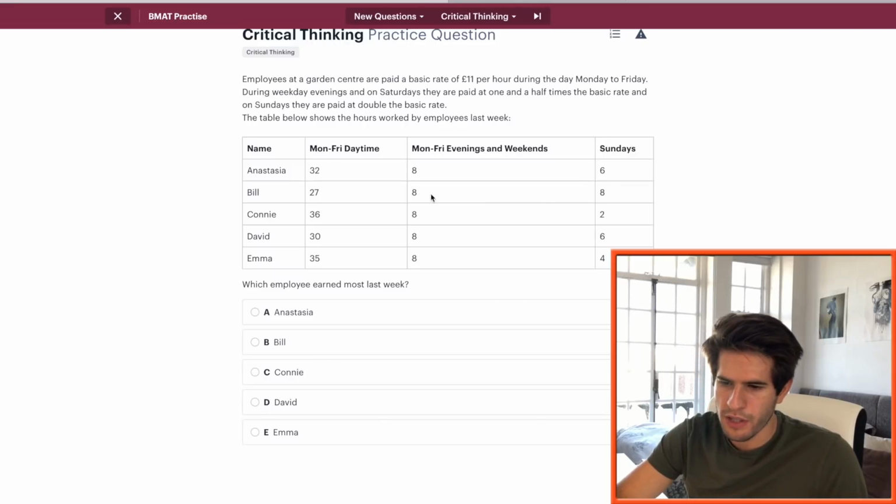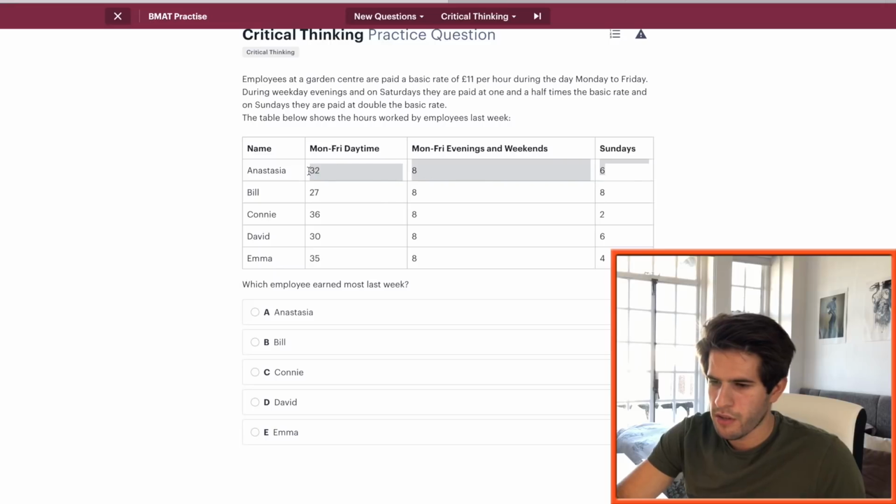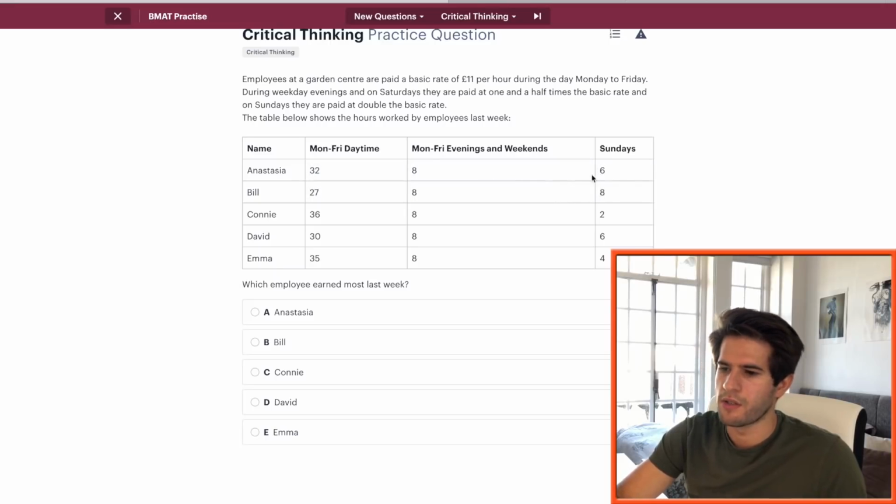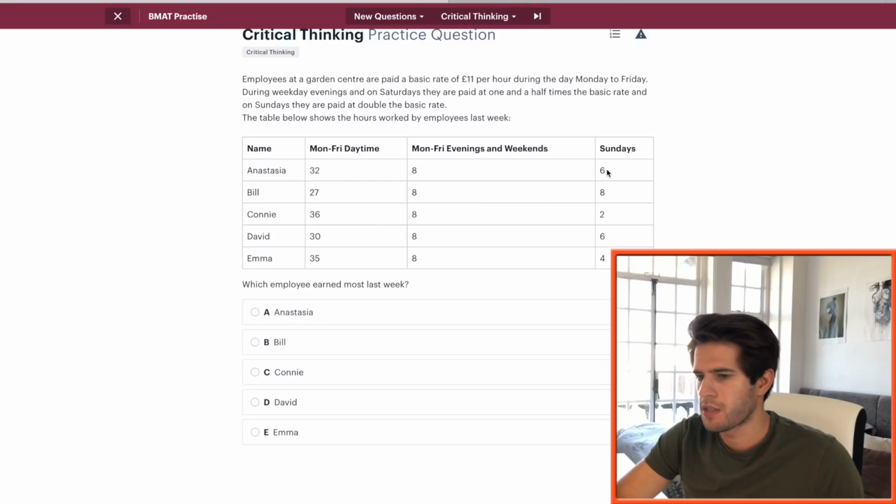This person 8, but 27 hours here. And the second most was 6 and 6, and they worked 32 and 30. So really we're debating between this person, 32, 8, and 6, or 27, 8, and 8. So 6 times 11 is 66, times 1.5 is about 99.